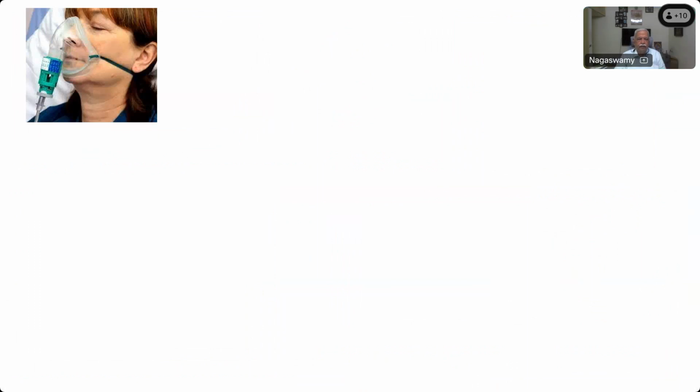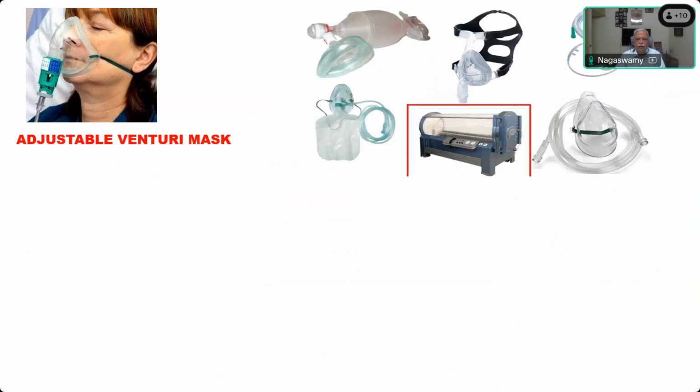This is an adjustable venturi mask which you are seeing. What are all these things? Ambu bag. CPAP mask, non-rebreathing mask, nasal prongs. Ambu bag with or without reservoir bag. Yes, and there's a face mask with a reservoir bag.